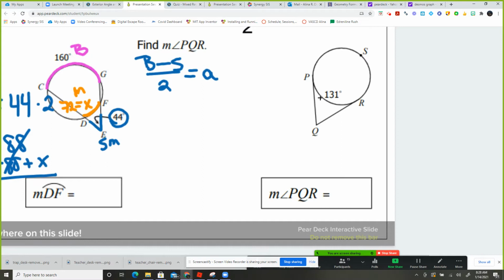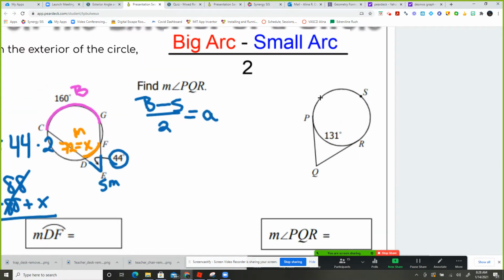So if we set this one up, I'm still going to use that big minus small divided by 2. What's the big? I don't know what that is, but I do know the medium or the small arc. And then I'm looking for PQR.